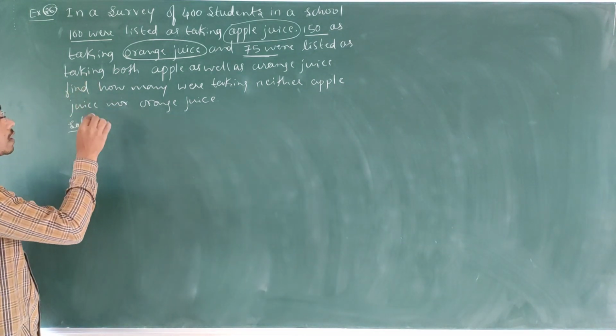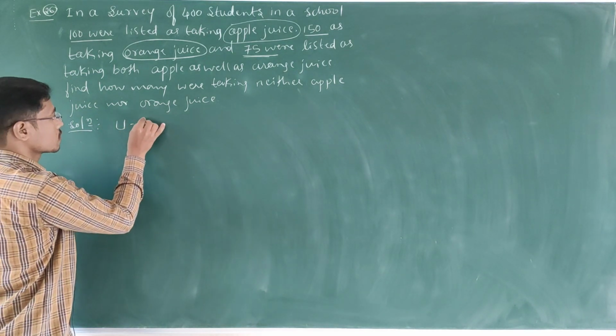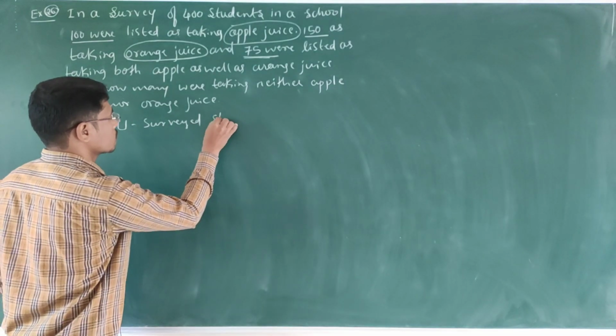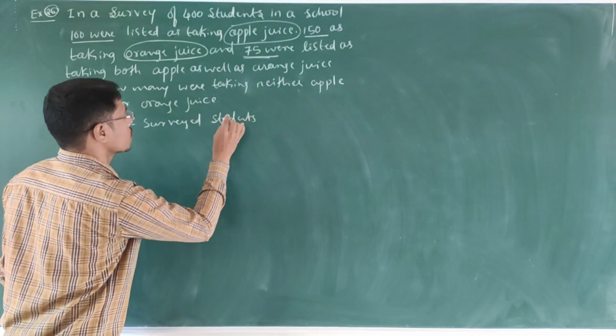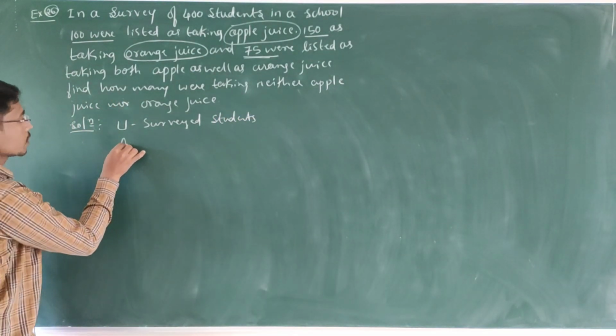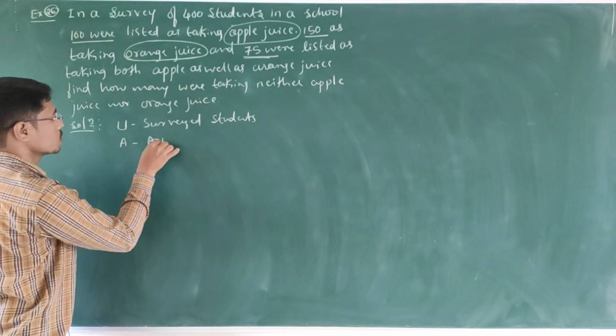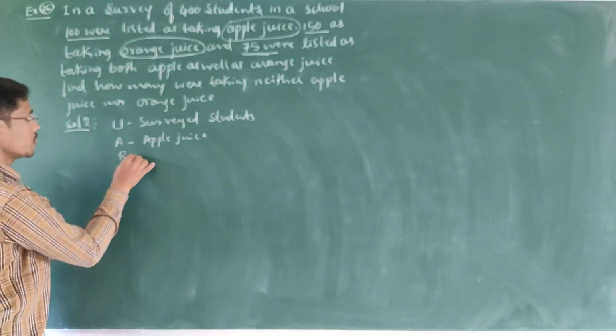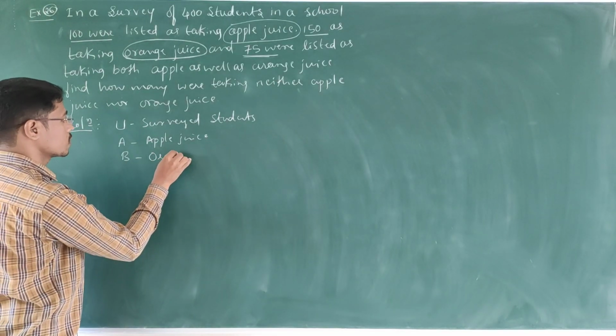Okay, first write the given. U, the surveyed students, is the universal set I will consider. In that, A is the apple juice taking students, B is the orange juice taking students.